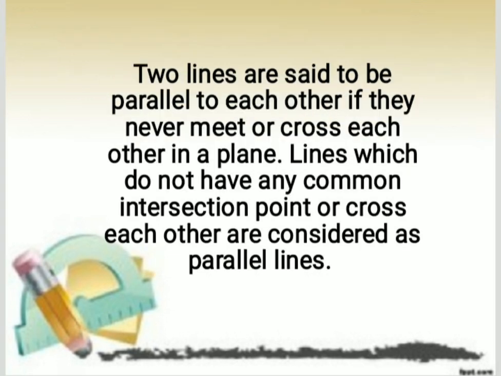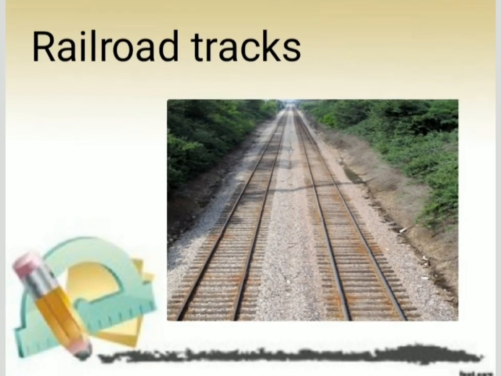Two lines are said to be parallel to each other if they never meet or cross each other in a plane. Lines which do not have any common intersection point or cross each other are considered as parallel lines. Here are the examples of parallel lines in the real world. Number 1.